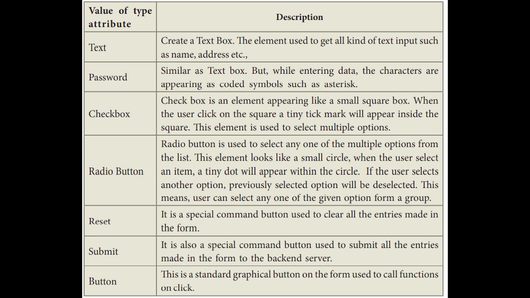And the next one is checkbox. Checkbox means it will be like a small square box, right? When the user clicks on the square box, a small tick mark will appear inside this square, right? This is used to select multiple options.